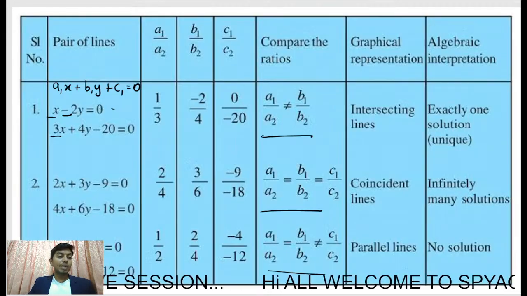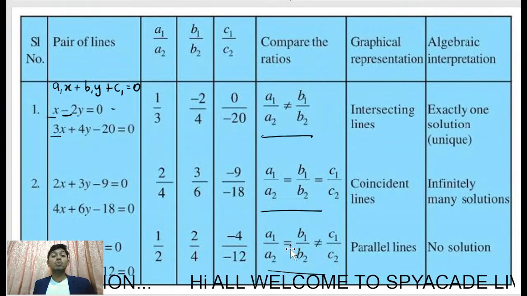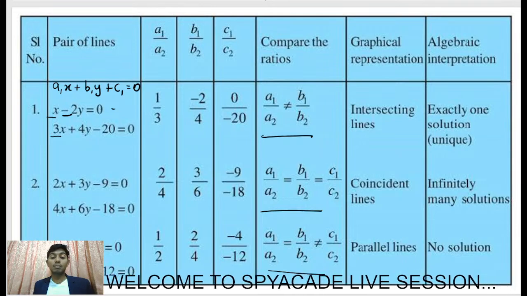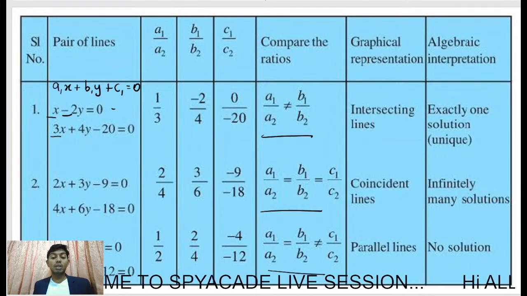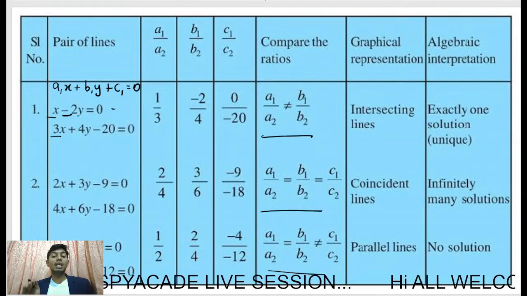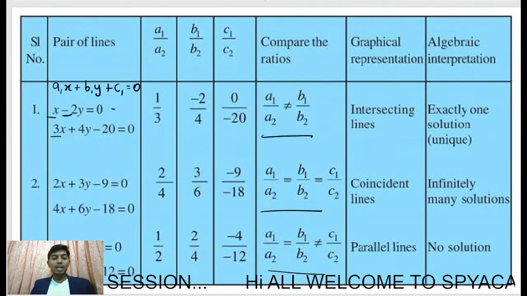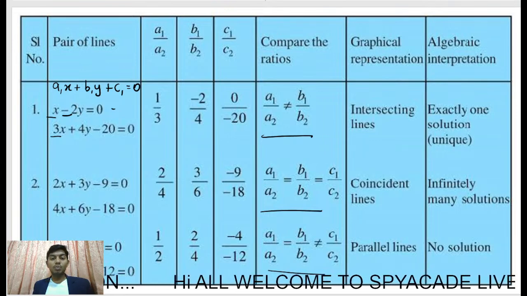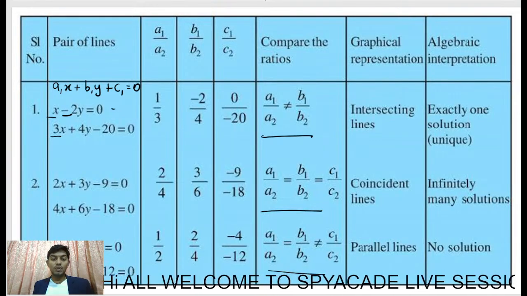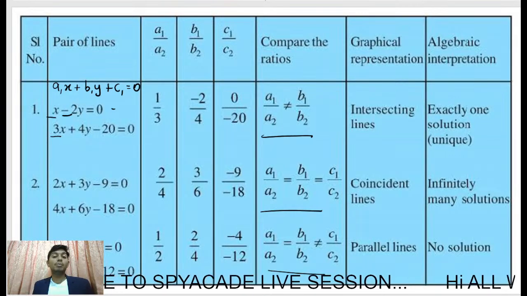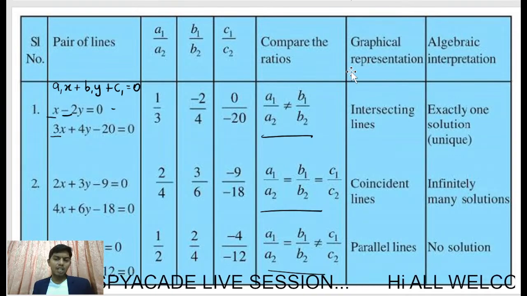Okay, so let's shortly summarize what we have learned today. So today we have learned 3 different ratios, comparing ratios, that is a1 by a2 that is not equal to b1 by b2. Then we have intersecting lines, that is one solution. Same way, when a1 by a2 is equal to b1 by b2, that is equal to c1 by c2, then it is coincident lines where you will be getting infinitely many solutions.